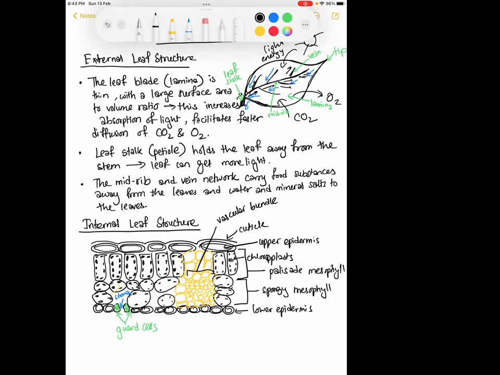Right here, somewhere we have xylem, and we also have phloem, which you'll learn in detail, and then you'll be able to identify them easily.